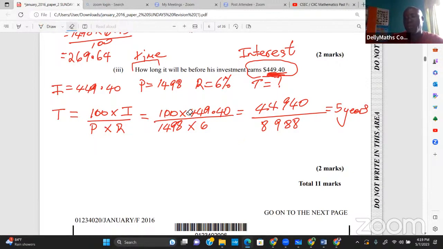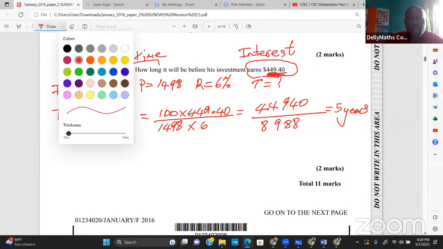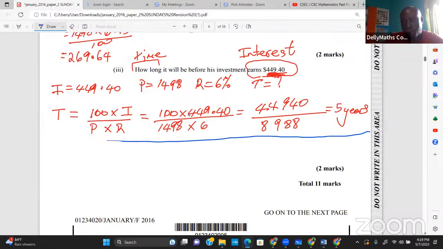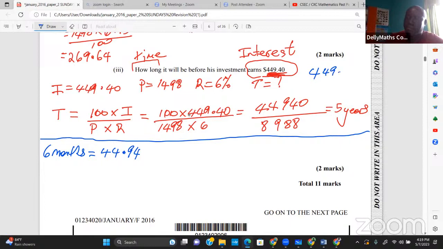Now, I never had to do it that way. I could have done it 3 other ways, and I'm just going to show you one more, for the interest of time. If I understand that the interest for 6 months was equal to 449.4, I could divide that total by the 6-month amount, and it's going to tell me how many 6-month periods I can get.